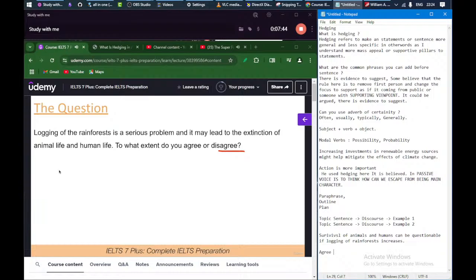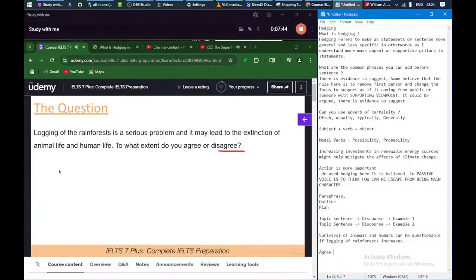Okay, then with that being said, let's think about our first paragraph. The first thing that comes into my head is, absolutely, it is a serious problem, and it's definitely one of the contributors to the loss of animal life and human life. So I'm going to agree for my first paragraph. It is definitely a contributor because the rainforests are big oxygen producers and they absorb CO2.